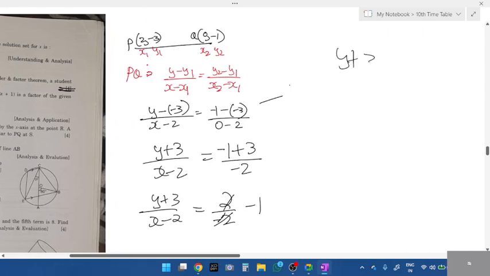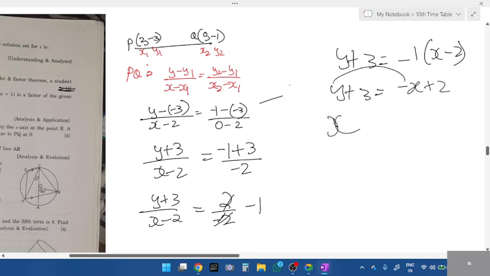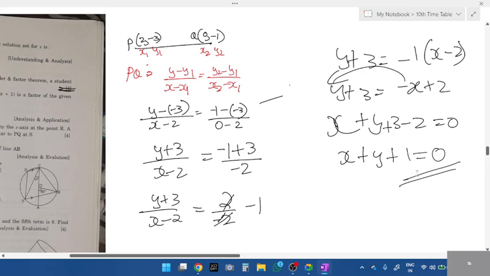So y plus 3 equals minus 1 into x minus 2. Y plus 3 equals minus x plus 2. When you make it positive, x goes to the other side, so shift both to the other side. X plus y, 3 minus 2, is equal to 0. X plus y plus 1 is equal to 0. This is the equation for the first question.